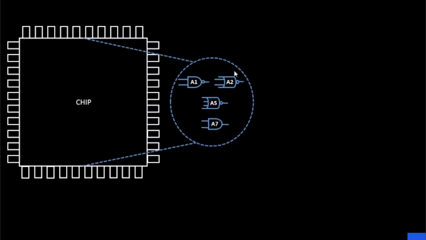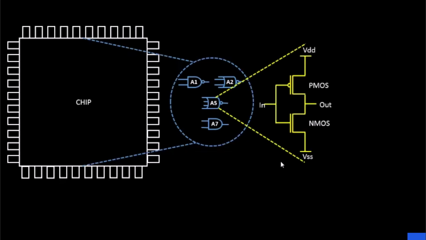Now these are the abstract level behaviors of something else. So let us first open up one of the gates. For example, let's take the gate A5. If you open up that one, it's nothing but it's made up of CMOS inverters. This is what we call a CMOS inverter.